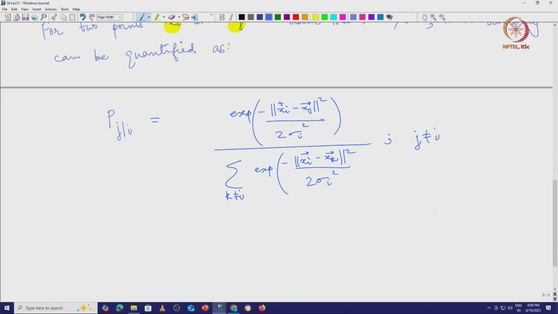Of course if i is j, it does not make sense to talk about this conditional probability, so we state it as being 0, right.